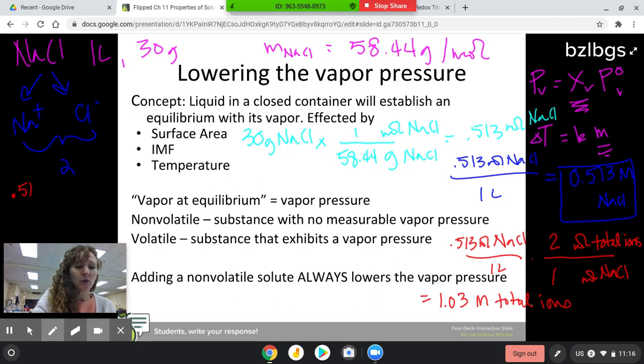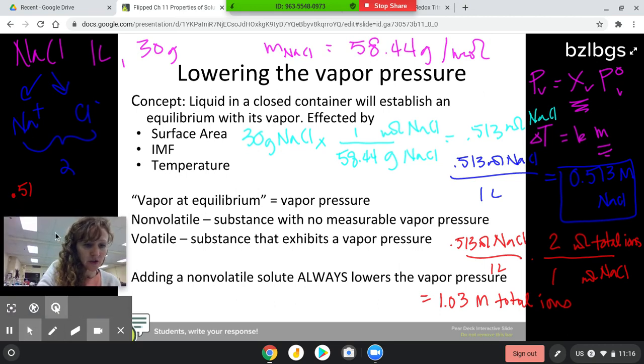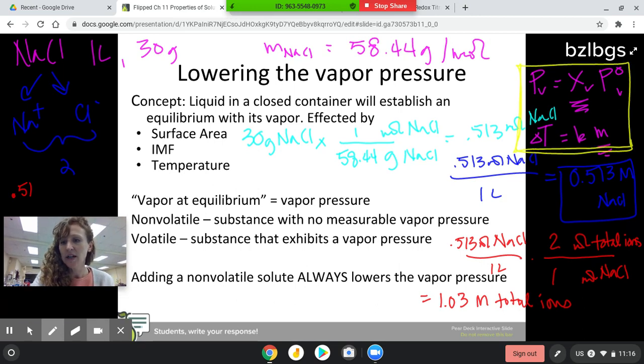For all of these formulas that we talked about so far, vapor pressure, boiling point change, freezing point change, and osmotic pressure also falls into this category, you either have to calculate the molarity based on total ions, or you calculate the molarity based on your compound and then multiply by the Van't Hoff factor, which is exactly what we did.